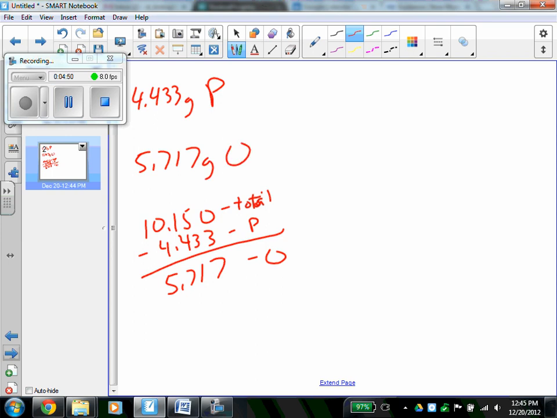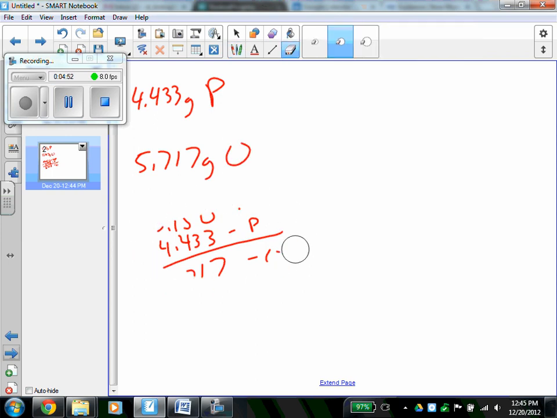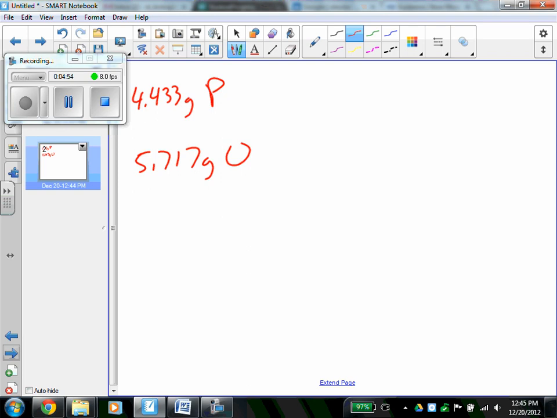Now, step one in solving for empirical formulas, and that's what kind of problem this is. What is the empirical formula of this compound is what the question asks. So I need to do step number one, and that is convert to moles.